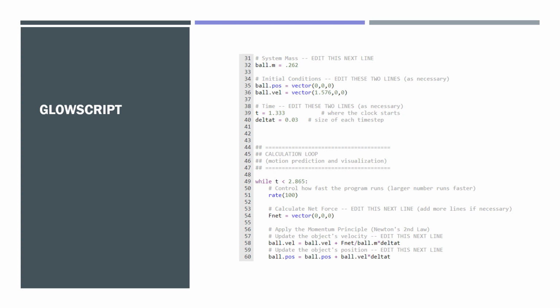code. As you can see, the mass is 0.267 kilograms with a starting velocity of 1.576 in the x direction. Initial position at the origin, starting at time equals 1.33 due to just when the video started.